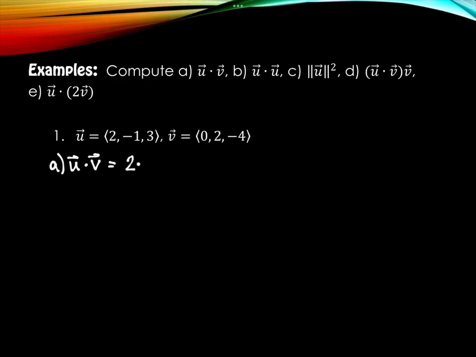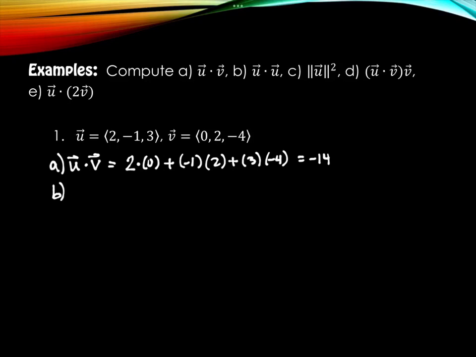So we're going to multiply component-wise and add. So we have 2 times 0 plus negative 1 times 2 plus 3 times negative 4. We're going to multiply, we're going to add, subtract, and what will we get? Negative 14. Negative 14 is right. Okay, let's do the second one.